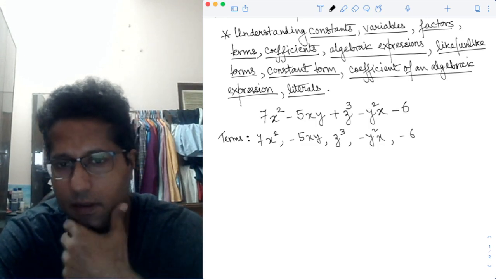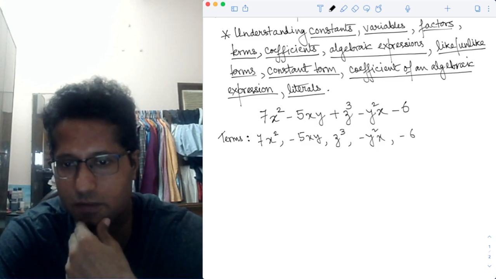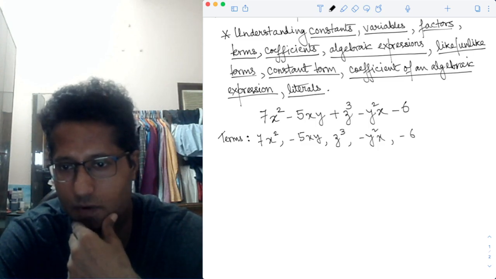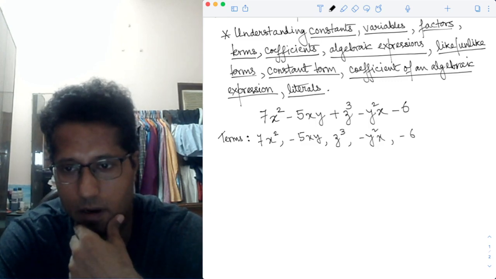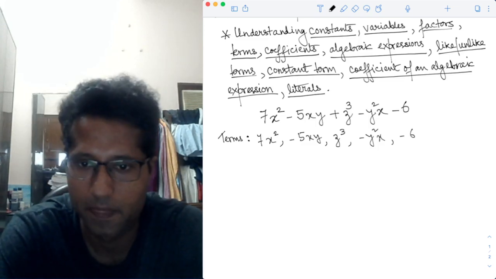Initially you might be wondering why minus 5xy is the term, why not 5xy, and why minus y square x, why not the term is y square x, and why minus 6 is the term, why not 6 is the term.